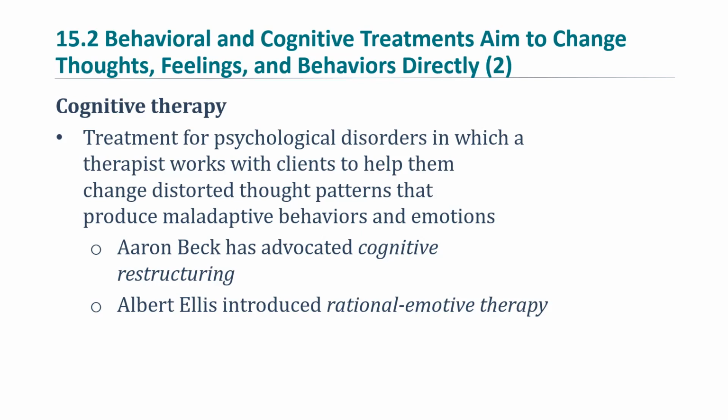What both therapies do is assume that irrational beliefs or thinking can be replaced by more rational and adaptive cognitions. Sometimes we're carrying around irrational beliefs about ourselves, and if you can change those to more rational and adaptive thoughts, the person will do better in life.